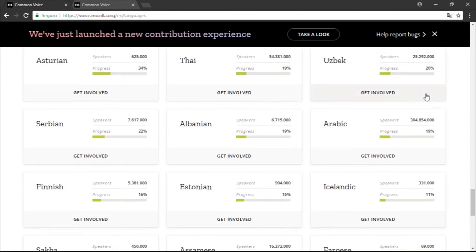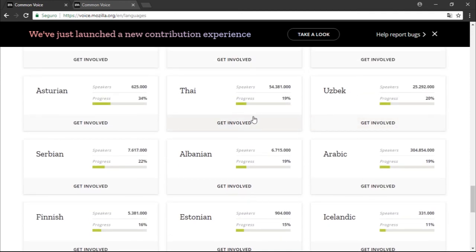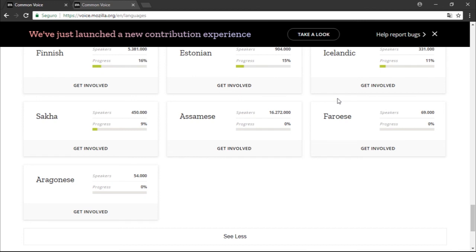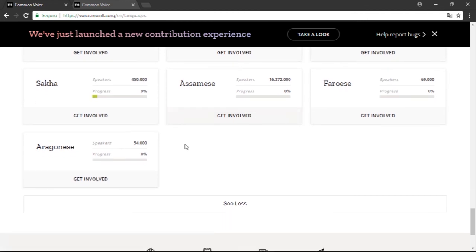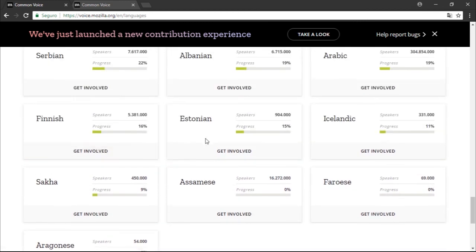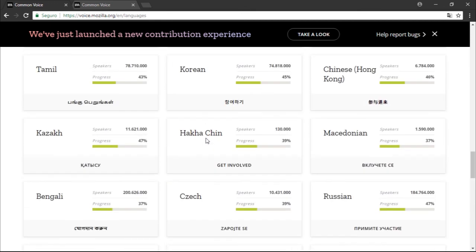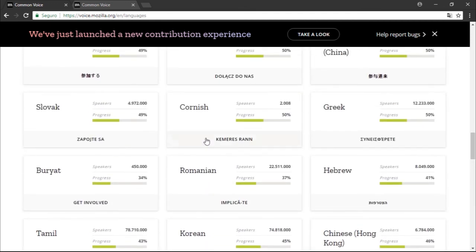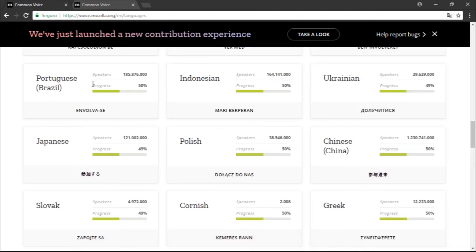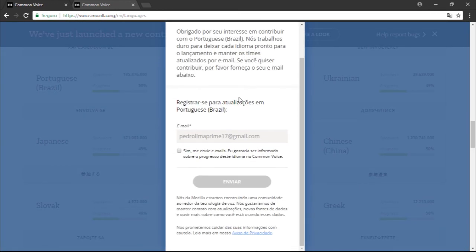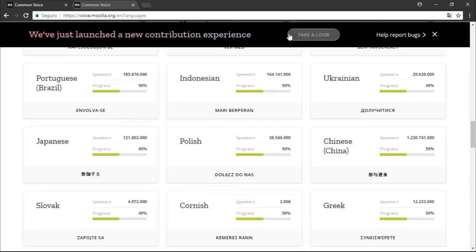I think there is Esperanto, if I'm not mistaken. So that's a lot of languages, guys. You can see there is a lot of languages. Those languages will be available, I think, very soon. I hope that Portuguese will be available in the next months. I hope so.